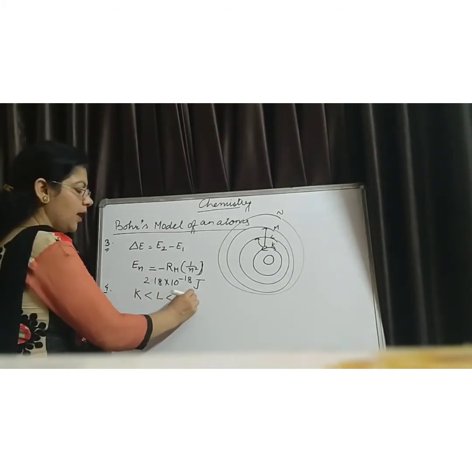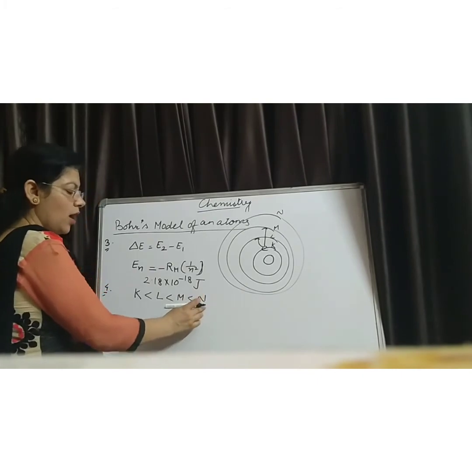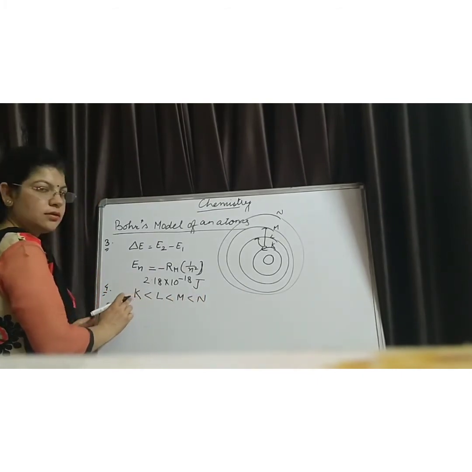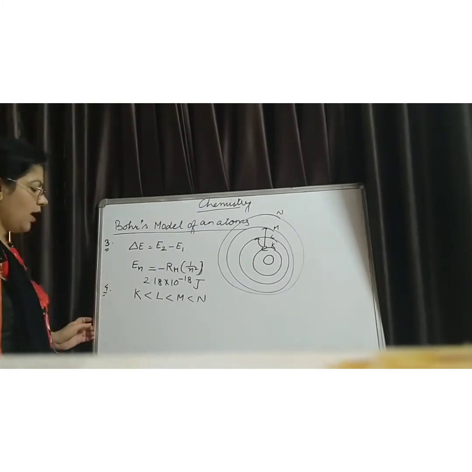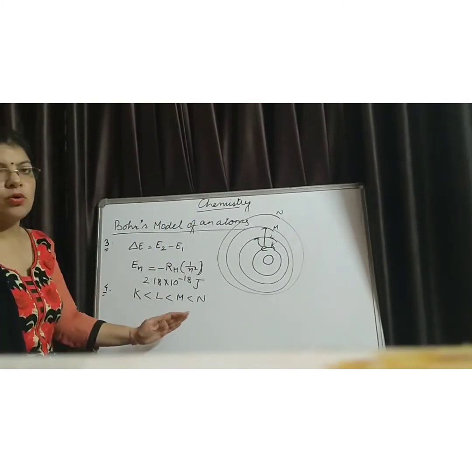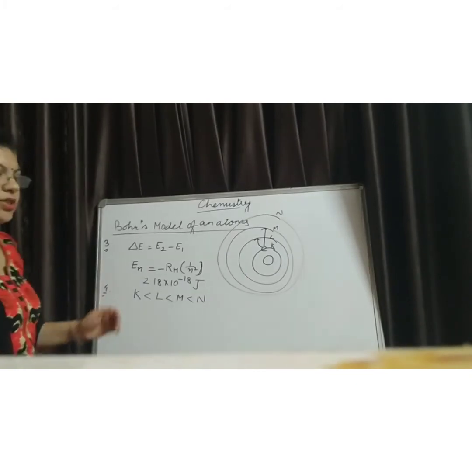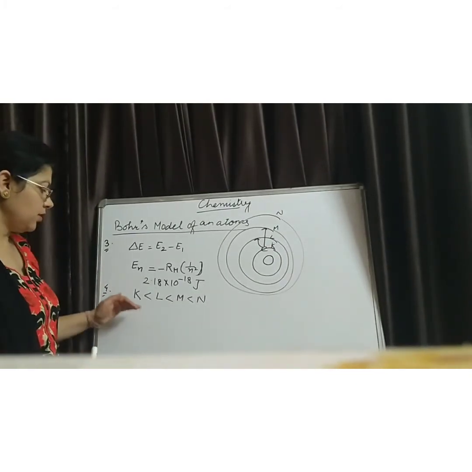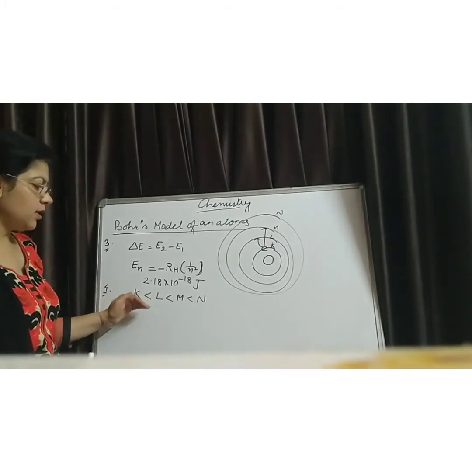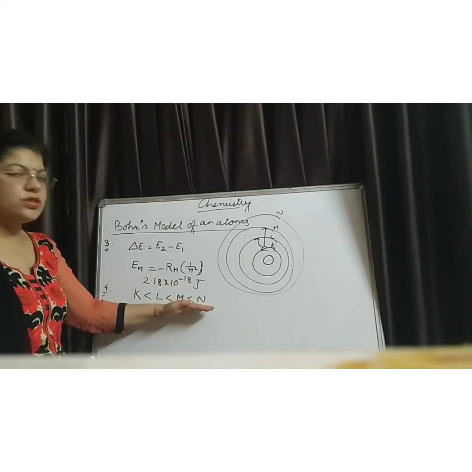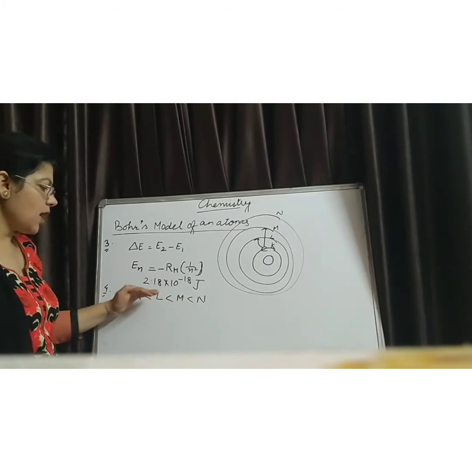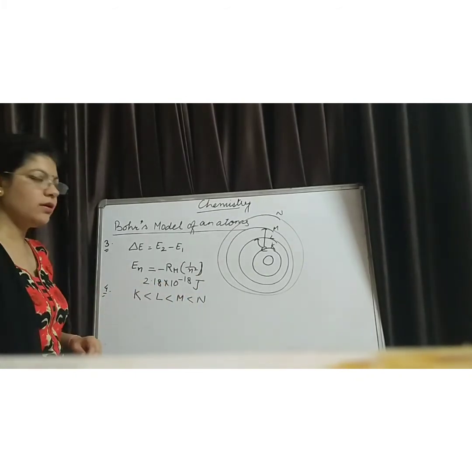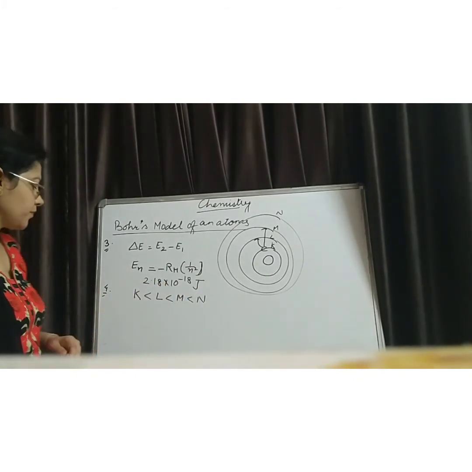Similarly, M and N both have higher energy than L and K. These different shells are arranged according to increasing order of energy. The shell which is having the lesser energy is filled first, and the shell which is having the higher energy is filled at the last.